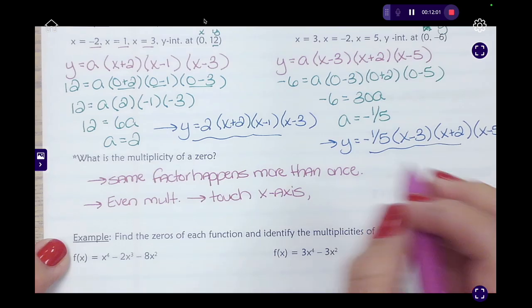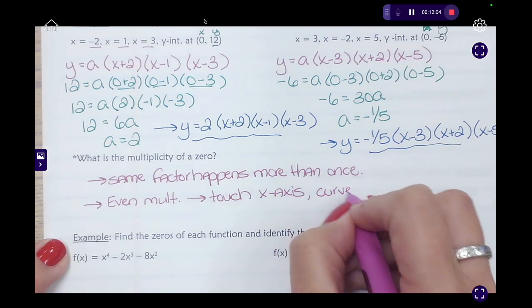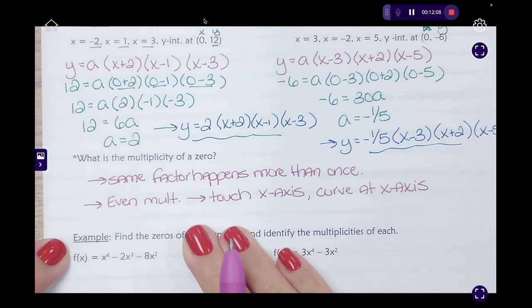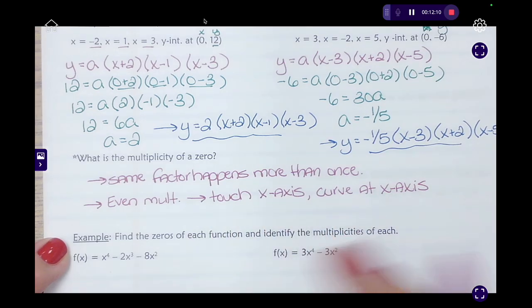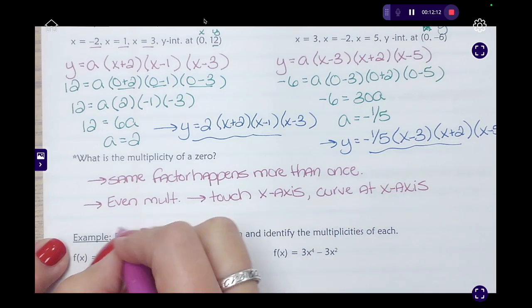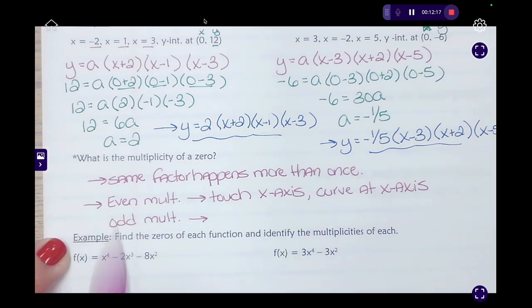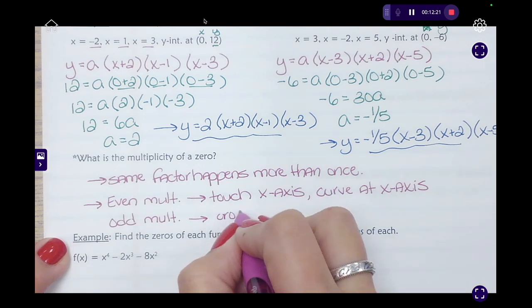It's going to go in a different direction, so that means it's going to curve at the x-axis. That means you would have an even multiplicity, which means it would repeat itself. Okay? You would have an odd multiplicity, which means it would just be a 1. It didn't repeat if it actually crosses at the x-axis.